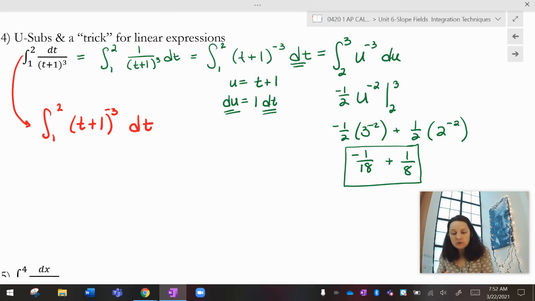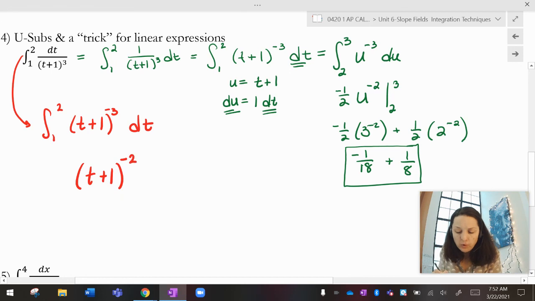And what I mean by that is you can say, well, if I have t plus 1 to the negative 3, I'm going to do like what I did on the other page. The antiderivative is going to be add 1 to the power, divide by the new power, and you divide by the derivative of the inside. The derivative of t plus 1 is 1, so technically I would divide by 1.